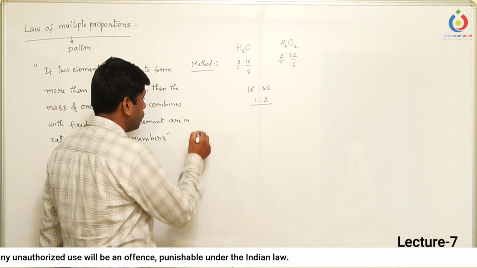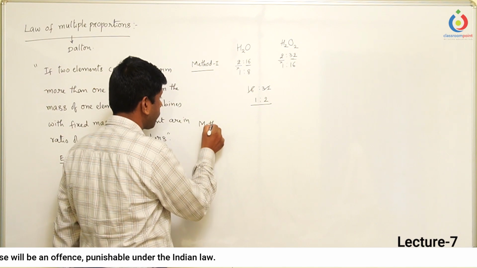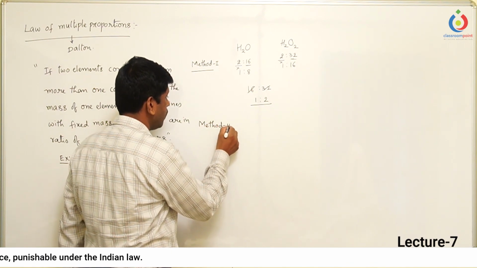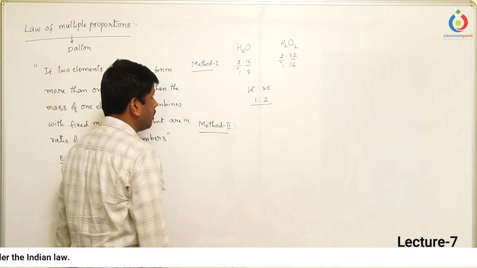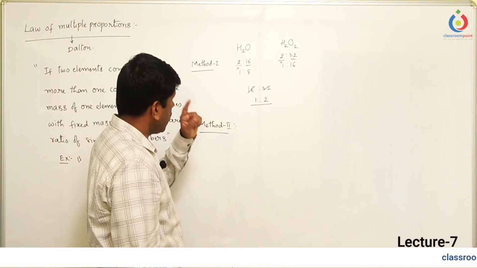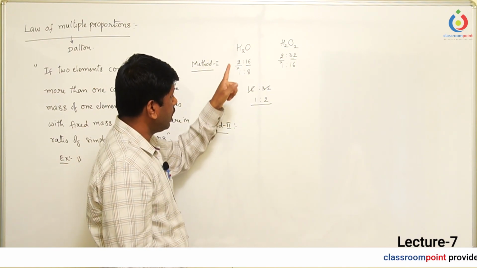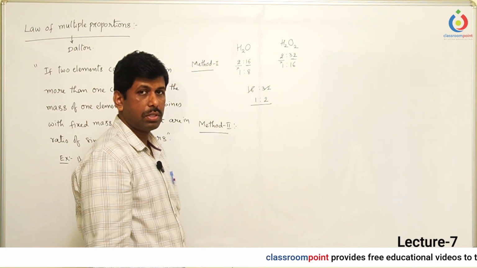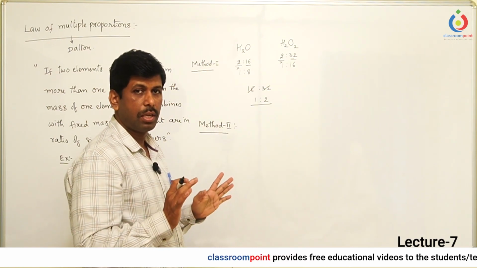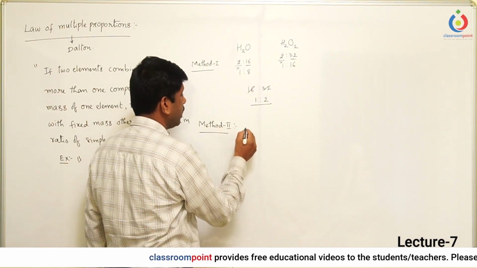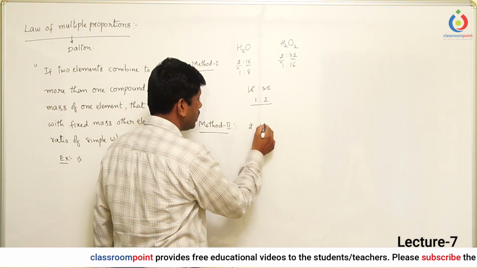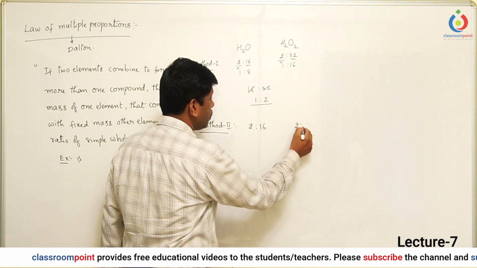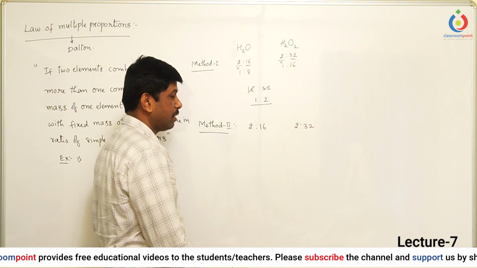Let us take method 2. In this method, the question arises, why do we need to fix only hydrogen, why not oxygen? Now let us try to fix the mass of the oxygen, and hydrogen is non-fixed. So here, as usual, 2:16 grams is present and 2:32 grams is present.